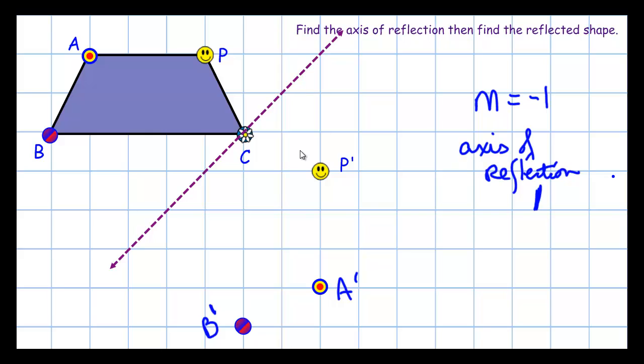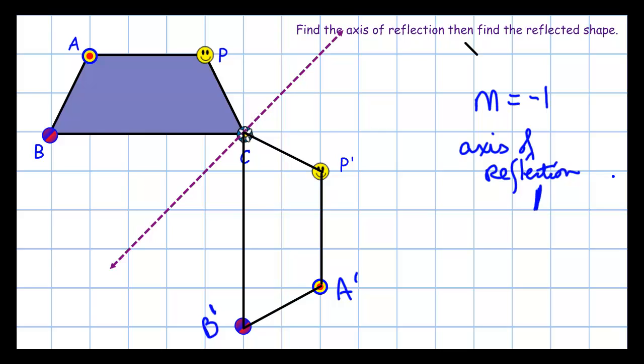So now we can just connect the dots. P to P prime, C to C prime, which was a fixed point, A to B, and B prime to C prime. And there's my trapezoid reflected across my axis of reflection.